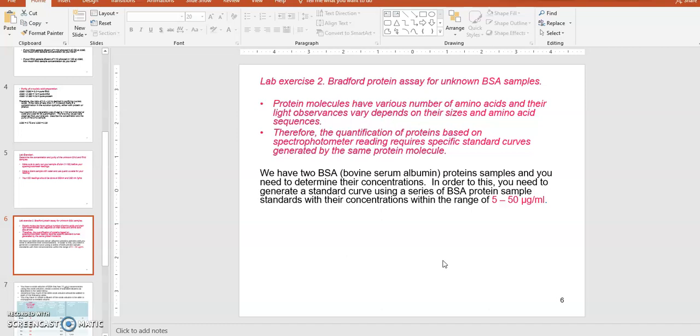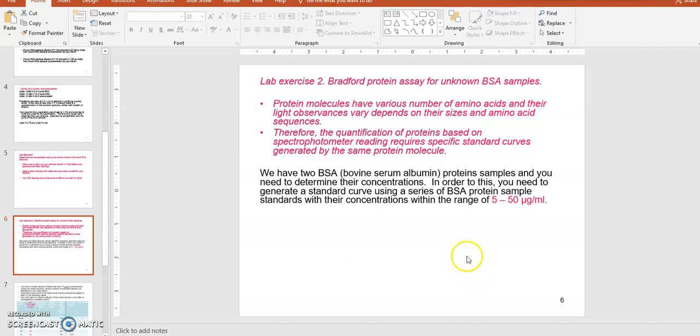Once it is stuck on your protein, if you shine visible light, the absorbance profile will correlate with the concentration of the protein in your sample. That's how it's going to work.